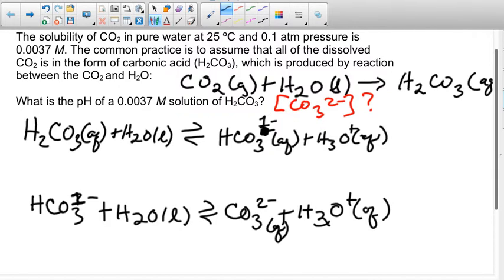The first equilibrium here is your Ka1. The second one is your Ka2. Both of them produce the hydronium ion, which would contribute to the pH. If the Ka2 for this equilibrium is 10 to the third less than this one, this first one accounts for the hydronium that's going to affect the pH.